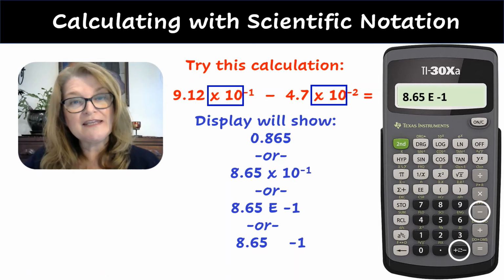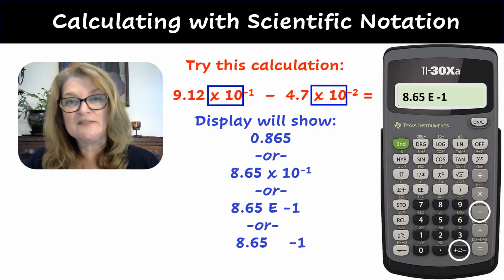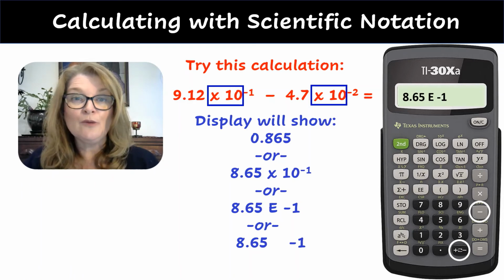Or it might be like the calculator that I'm displaying that shows 8.65E negative 1, in which case you need to remember to substitute a times 10 for the E when you write it on your paper. Or it might be showing 8.65 space negative 1, in which case you need to remember to add a times 10 into that space when you write it on your paper.